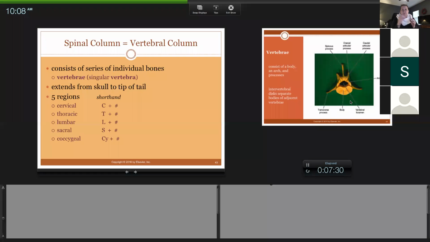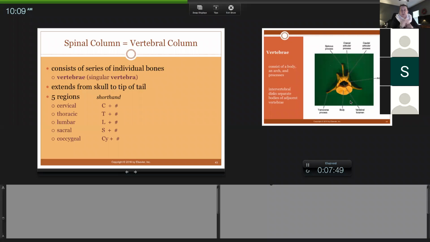So really the spinal cord does not extend really past the sacrum, and it definitely doesn't go into the tail. So if they break their tail, if you cut the tail, you're cutting between vertebrae, you're not damaging the spinal cord.